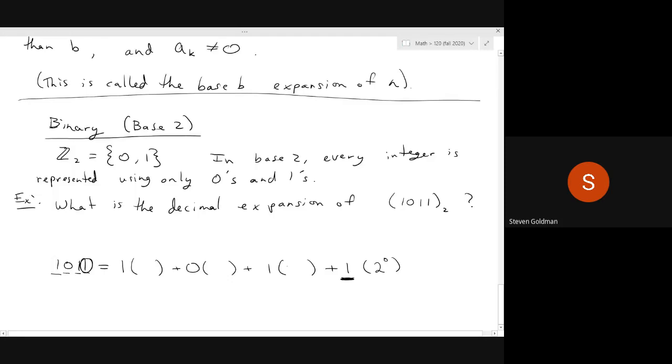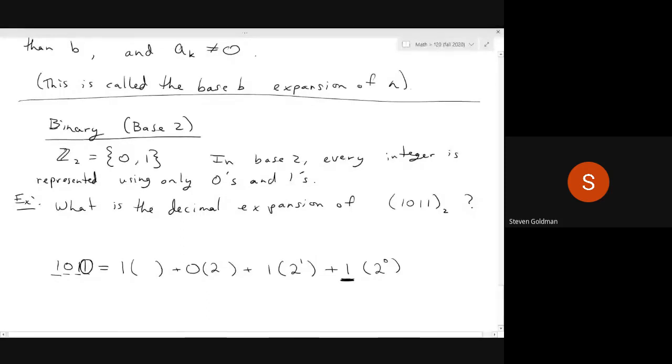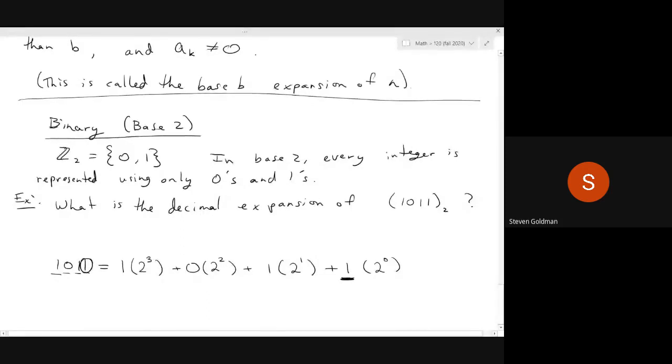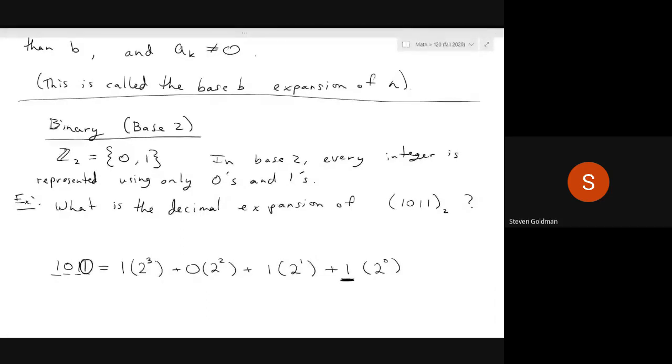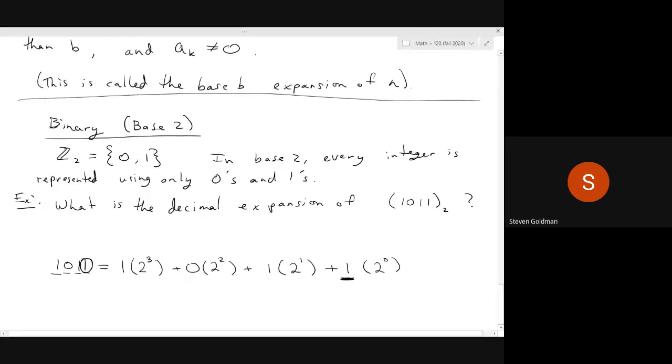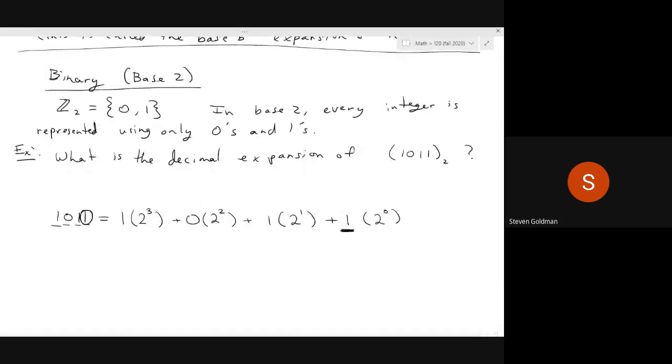Next is times 2 to the power of 1. Over to the left, it's times 2 squared, and then 2 cubed. Each time I move over to the left, the power of 2 goes up by 1. So to figure out what this is in decimal, I just have to multiply and add this all up, and that will give me the decimal expansion.